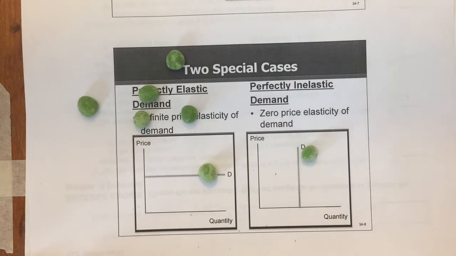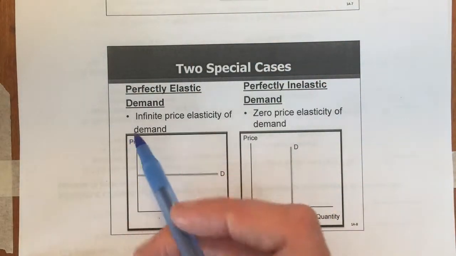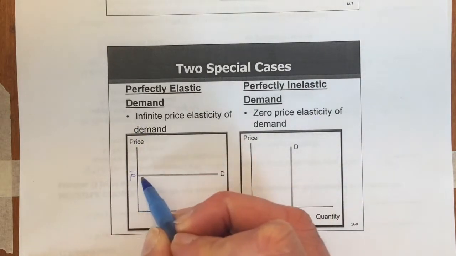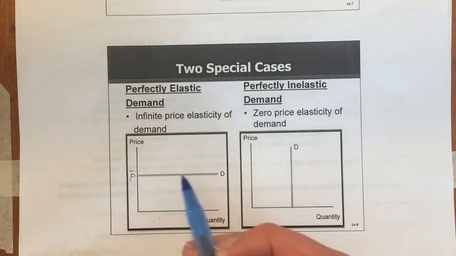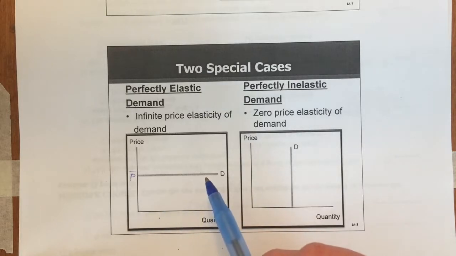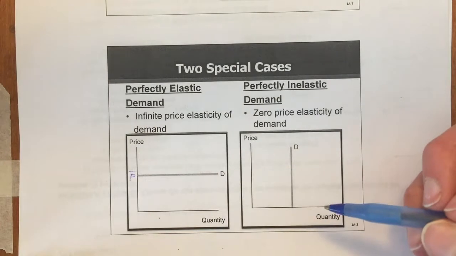You'll just buy frozen peas from somewhere else. So price is pretty much fixed here. No matter the quantity demanded, the price stays exactly the same, and that is what the demand curve looks like in a case of infinite price elasticity.